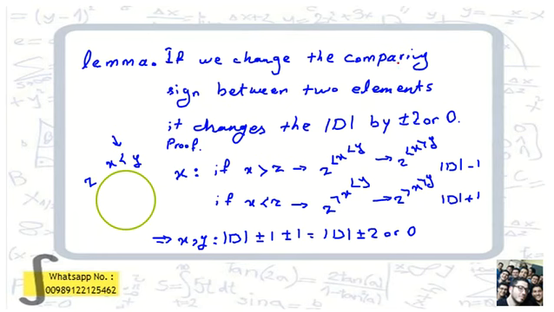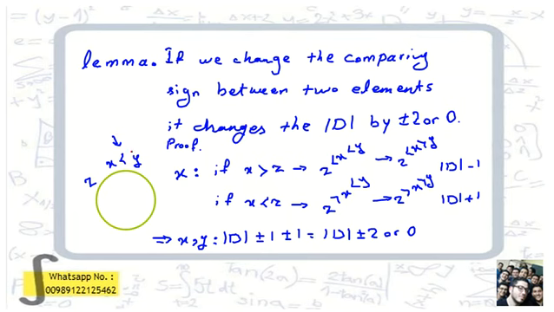If we change the comparing sign between two elements like x and y, it changes d, the number of desired elements, by plus or minus 2 or 0. So we want to prove it. If we change this sign, it has an effect on x and y.